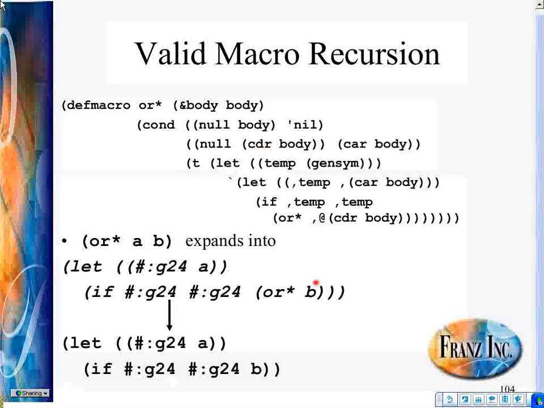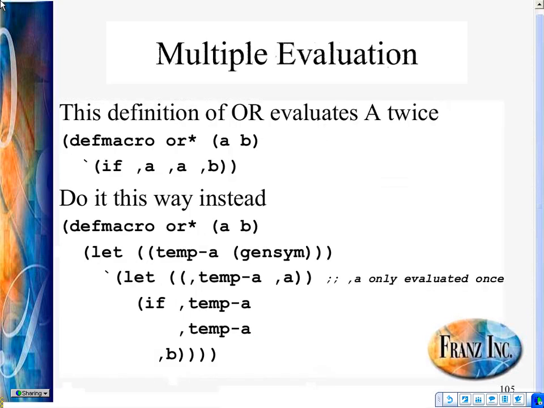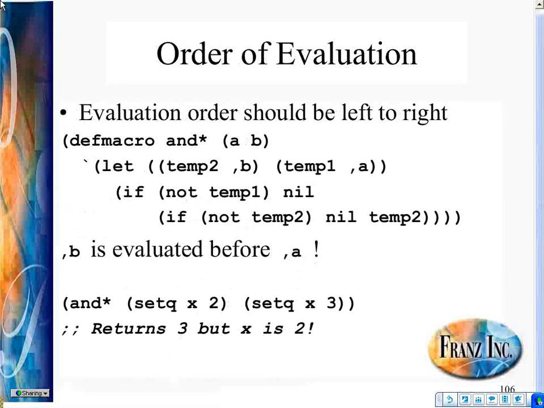So here's something where you can do a valid macro recursion. I've spent my whole life programming Lisp, 20 years and more, and never written a single recursive macro, so often you don't need to do that. Here's the multiple evaluation problem again, and I've already explained how to avoid that.